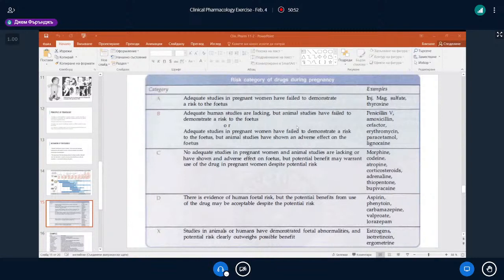So they are safe drugs. For drugs X, there are enough data to show that they're very high risk to cause malformations, and they should not be used during pregnancy. Okay.